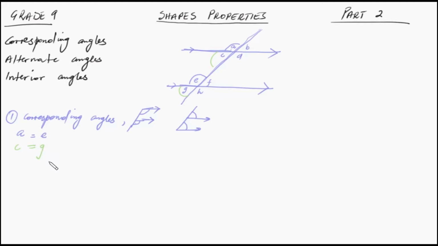Right? So let's keep searching. Which ones again? I'm seeing this one and this one. F again. So angle B equals angle F. Okay? Also, I'm seeing this one and this one. They are also corresponding. So angle D equals angle H. Yeah, those are corresponding angles.